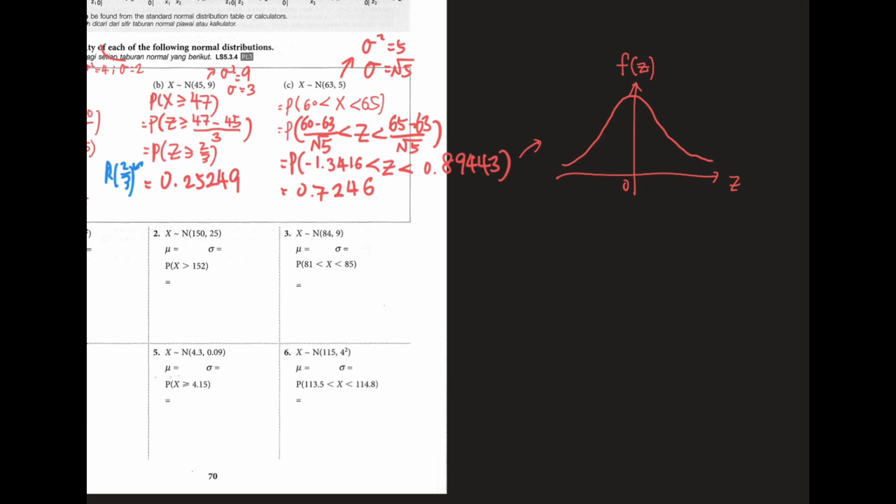Negative 1.3416 is on the left of 0, and 0.89443 is somewhere on the right. So the shaded region is in between, and that's why this becomes the lower and this becomes the upper. Try to look at the graph at the same time to get the idea.